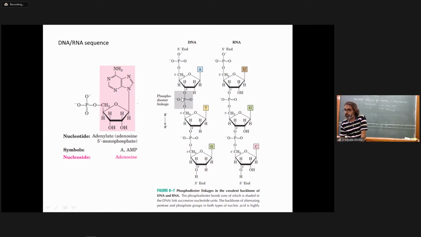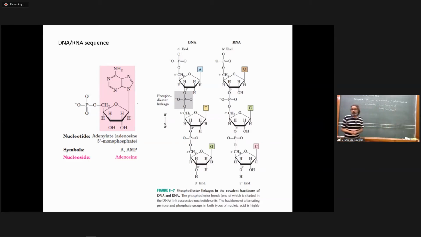On the right side picture, the first one is DNA and the second one is RNA. In the DNA, you see the second nucleotide coming is thymine, and the phosphate is attached to the 3 prime carbon. The third nucleotide is guanosine. So this sequence is important, and it is called 5 prime to 3 prime, both in DNA and RNA.